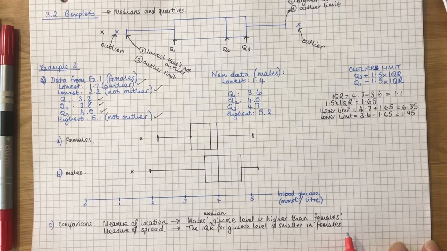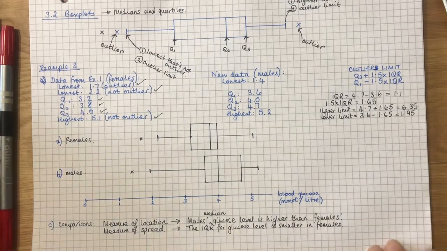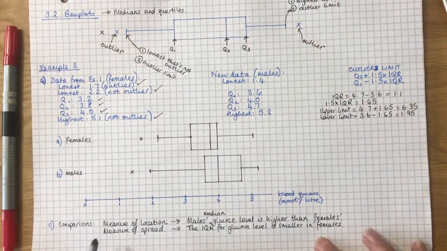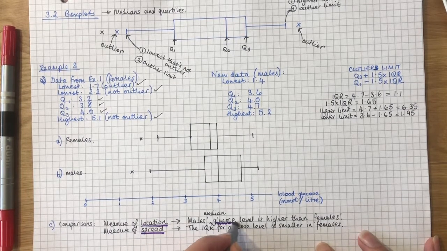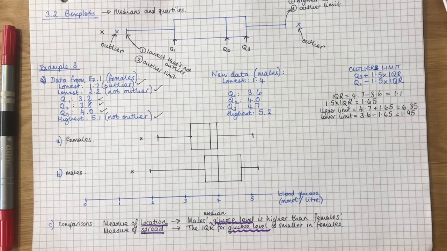So you must make sure when you're answering any question about comparisons that you give, first of all, a measure of location, secondly, a measure of spread, but also you write your answers in context. You can't just say, this one's smaller, this one's bigger.